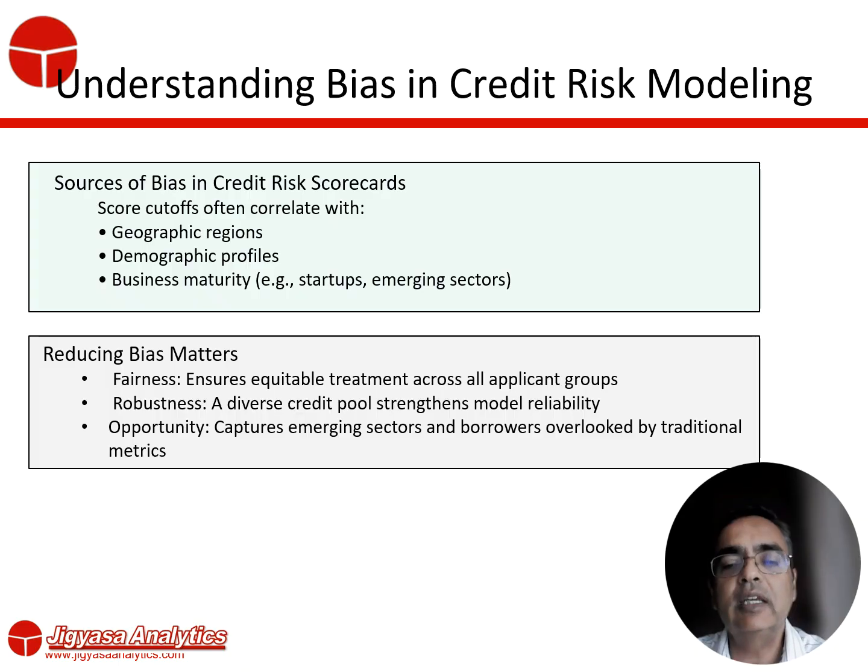And the third thing is that there might be missed opportunities as well. For example, the emerging sectors which will become powerhouses tomorrow, but might not fit your traditional definition of what is good credit right now and might get overlooked.